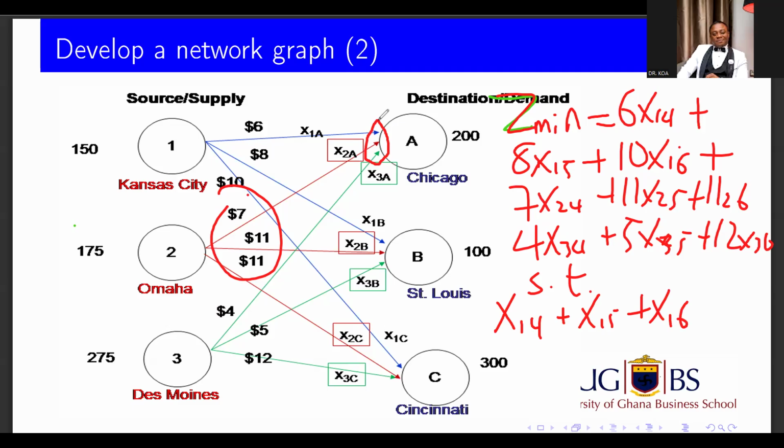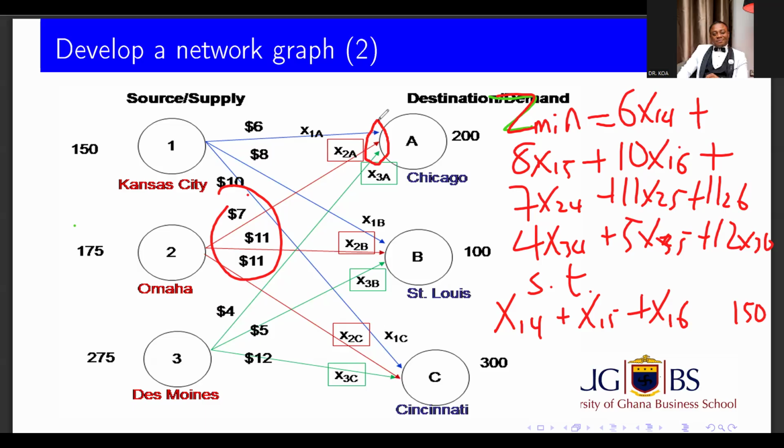At this stage, before you come to the 150, you have to decide whether you are dealing with a balanced transportation model or an unbalanced transportation model. Pay attention, it's in the notes though. A balanced transportation model is where the total supply equals the total demand. An unbalanced transportation model is the one where the total supply is not the same as the total demand. Either it is above or below it.